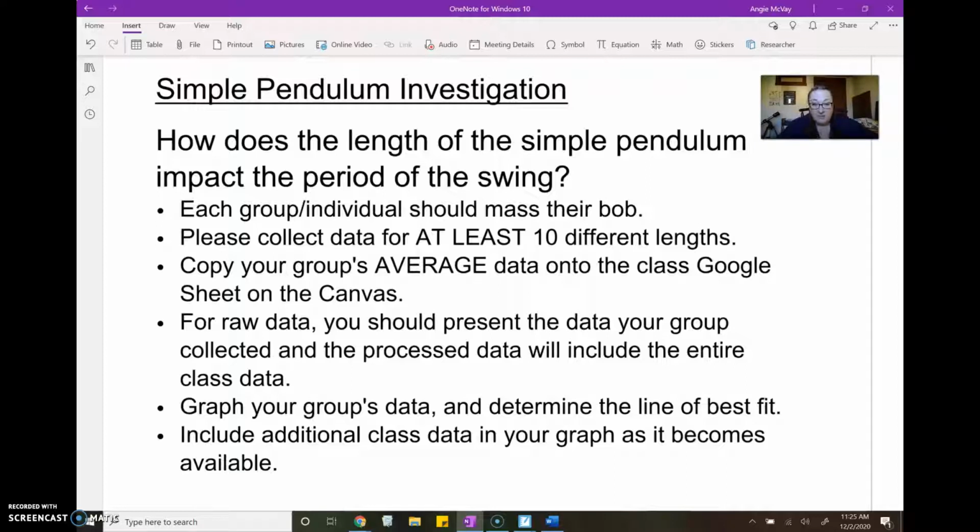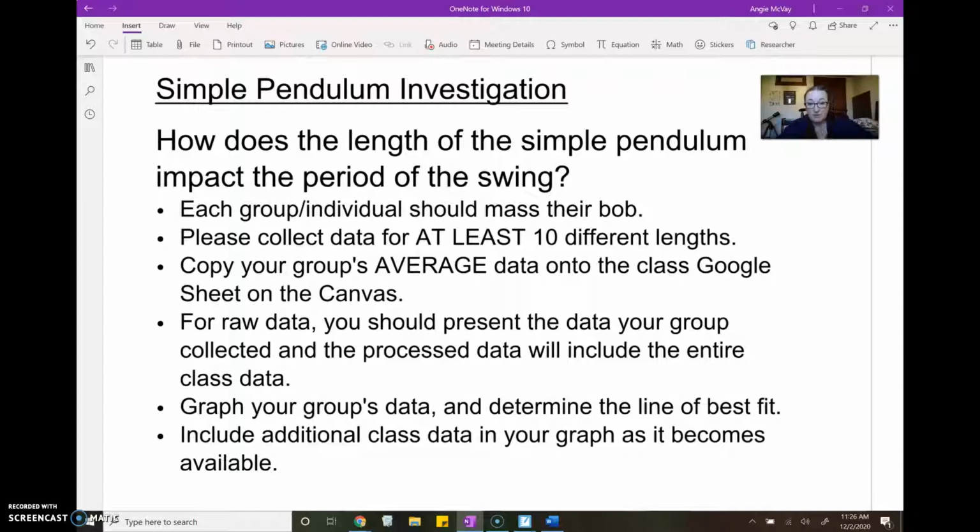For raw data, you'll present the data that your group collects, your at least 3 trials for your 10 different lengths. Graph your group's data and determine the line of best fit. You'll include in your line of best fit the whole class data as it becomes available.